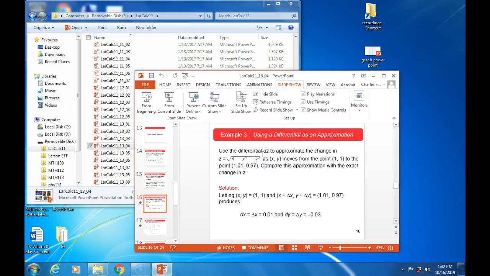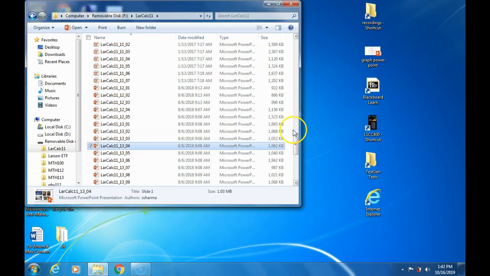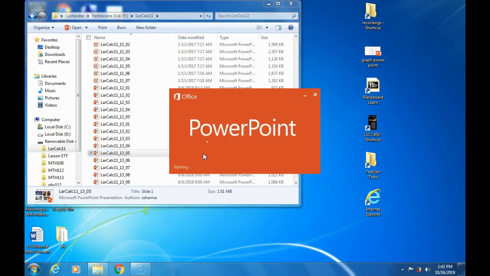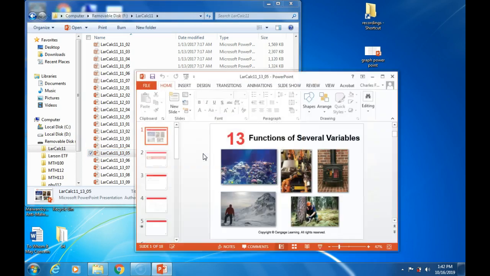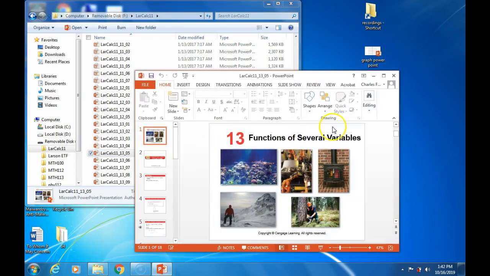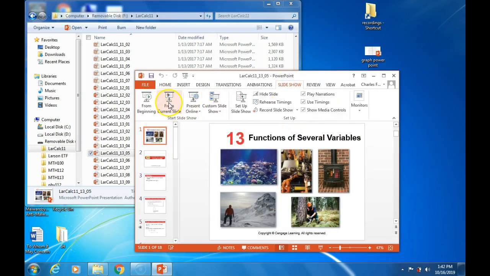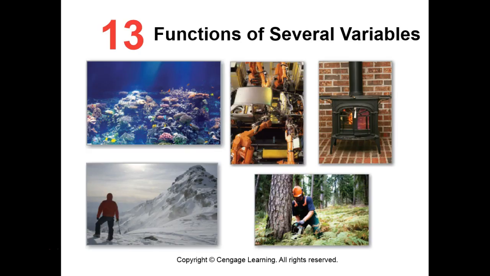All right, let's move on to, we don't have much time, but we have a little bit. 42 and we go to 55, so we got about 13 minutes. So let's go to 13.5. Now this can seem a little confusing, but really taken a step at a time, it kind of makes sense, okay?